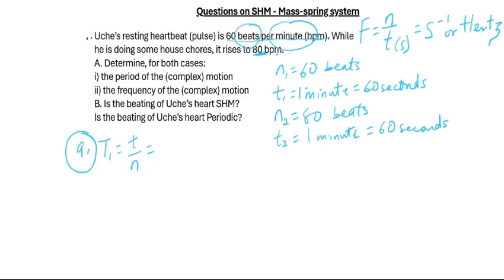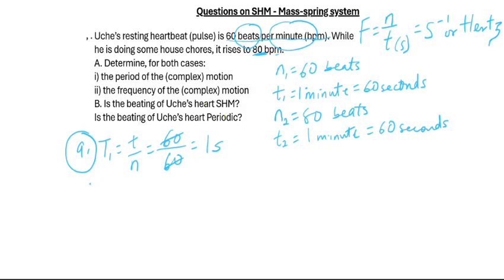Remember this, I explained this in my last video. Time over number of oscillations, and time is 1 minute, which is 60 seconds, over the number of oscillations, which is 60 beats, and by the time we divide it we have 1 second. So our period for the first one is 1 second.